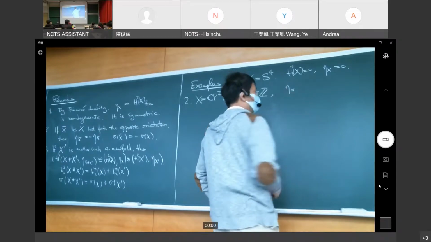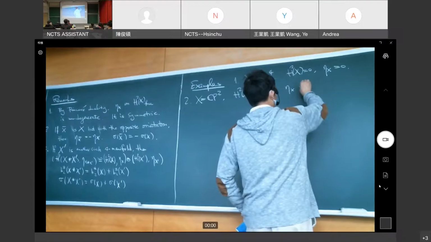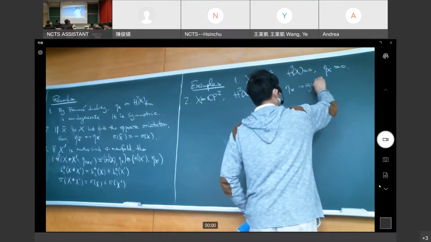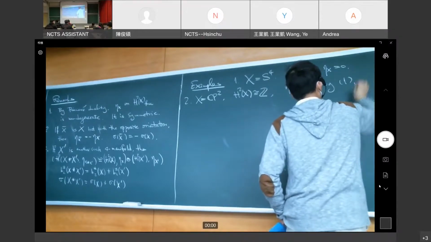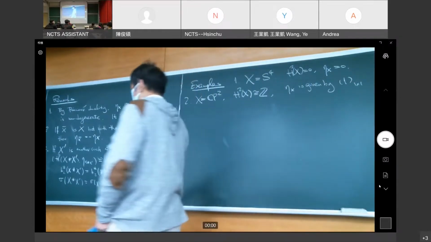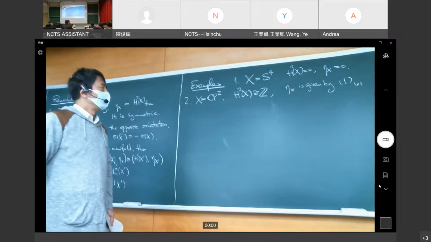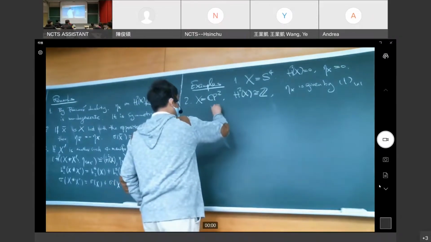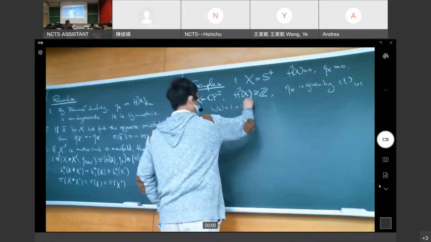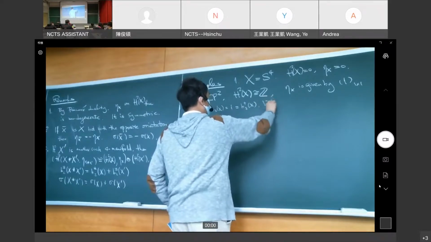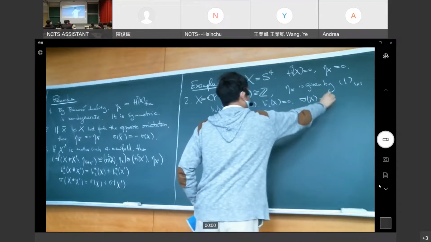So eta X, in terms of a matrix, is a 1 by 1 matrix, 1. So B2 is equal to 1, that's equal to B2 plus, and B2 minus is equal to 0, and sigma is equal to 1.